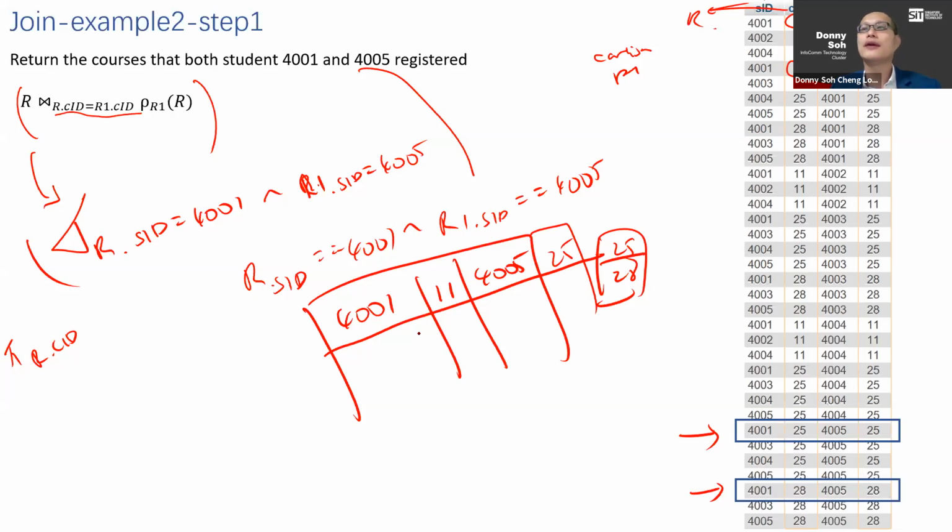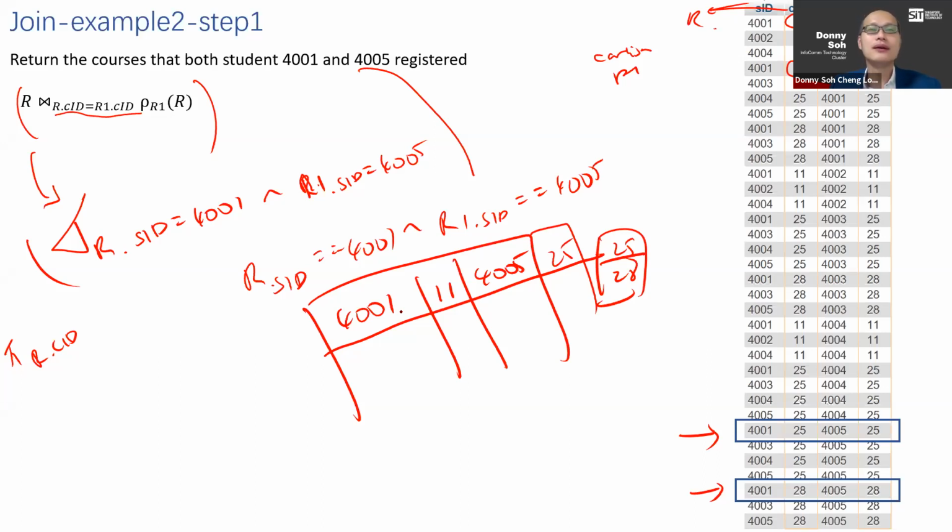So 4001 also took course 11, so you will also end up with this row. So we will need to join them based on the course ID. But it's a great question.